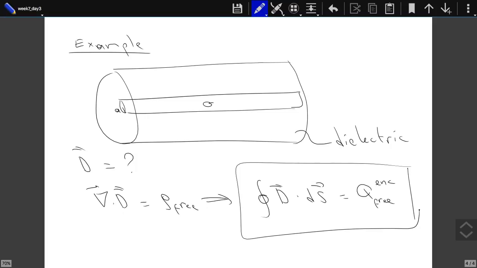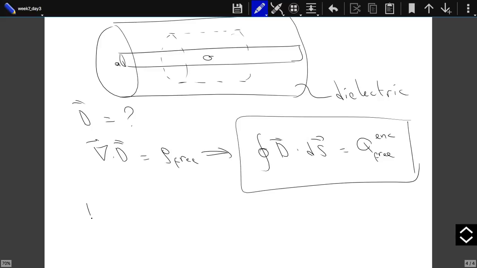Okay, we can just imagine any Gauss surface. In fact, inside or outside doesn't really make any difference. Well, we know that this displacement field will be in the, let's say, s hat direction, s being the square root of x squared plus y squared.